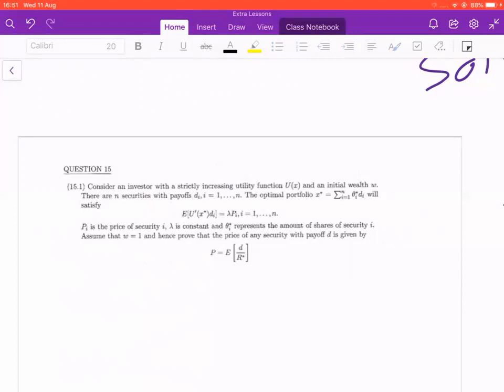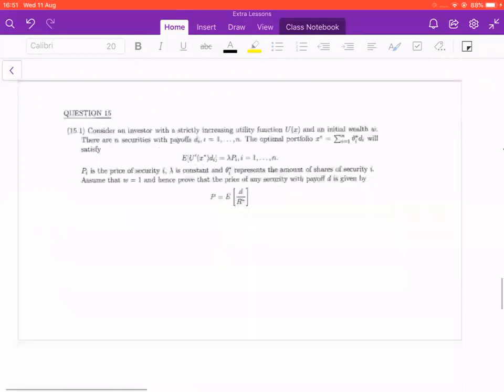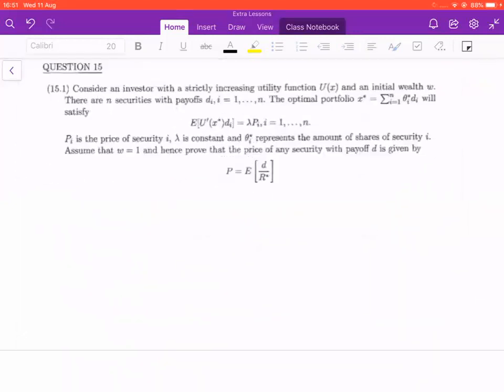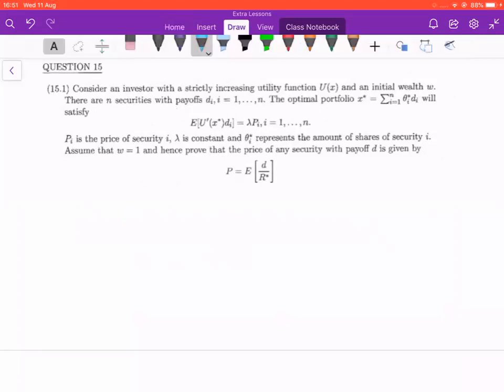So this one is the proof they would normally ask for portfolio choice. They say, consider an investment with a strictly increasing utility, so non-saturation, you already know these things. W is our initial wealth. There are N securities with payoffs D_1 up to D_N, and the optimal portfolio will satisfy this equation.